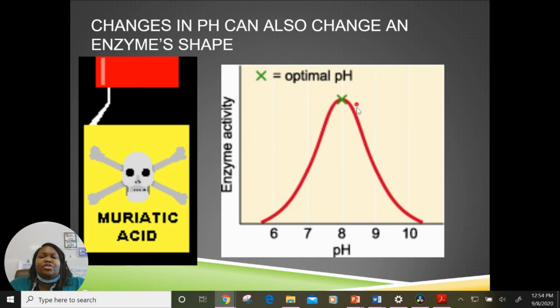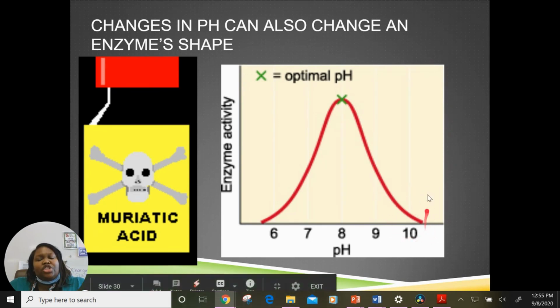And then as we change the pH going this way, it's going to denature again, or we would add new enzymes. We would not change the pH in a sample and see it work. Once the enzyme is denatured, then we would have to get some new enzyme. But as we move along this graph, we see that the enzyme is denatured as we approach 10, where it's completely denatured.